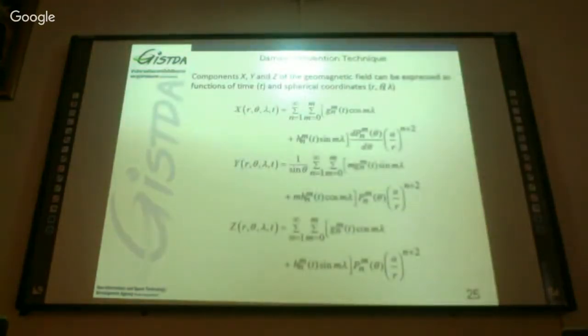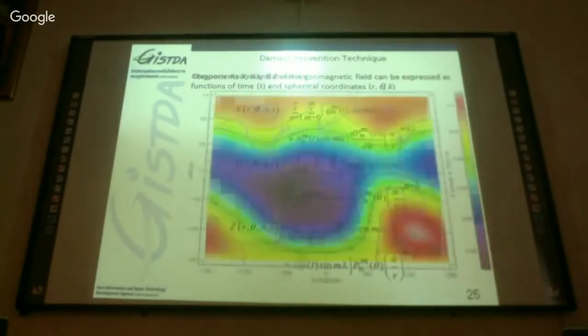But how do we know when the satellite falls into the area? The components X, Y, Z of the geomagnetic field can be expressed with these functions, and we can know where the magnetic intensity is high.